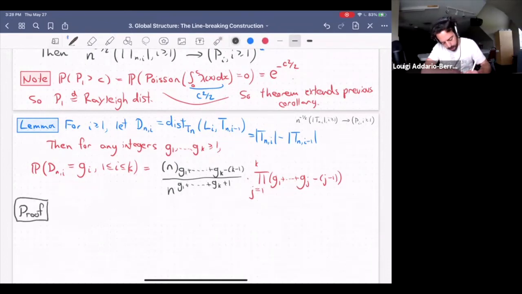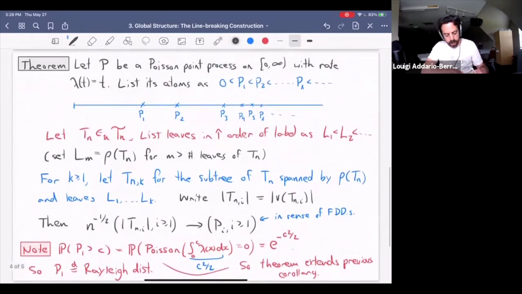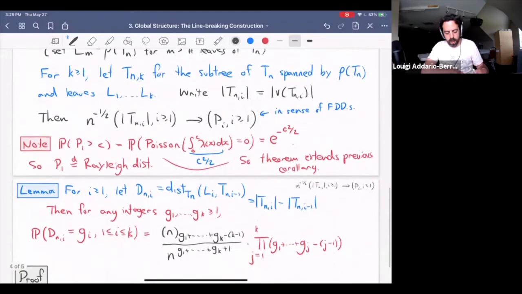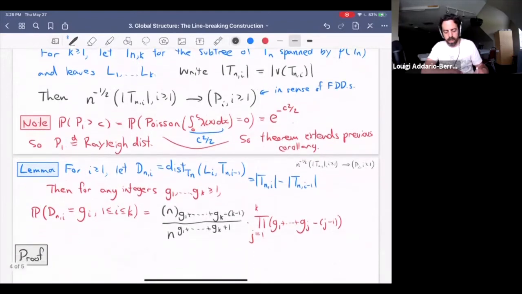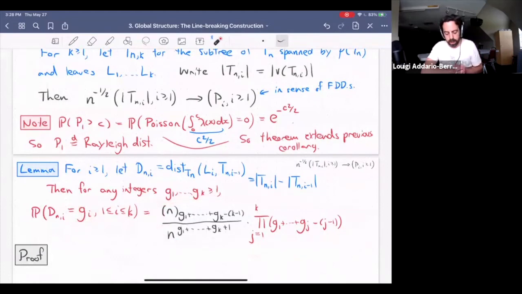Once we have the lemma, the rest of the proof of the theorem really consists in, like in the corollary for proving the Rayleigh limit, just thinking about what happens when these values g are on the order square root of n, and then extracting the asymptotics from this combinatorial expression. It's really just a multivariate version of the one-dimensional calculation we already did.